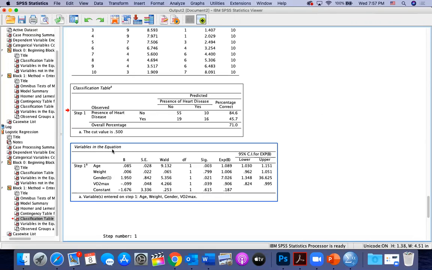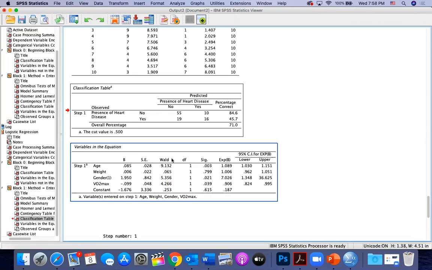Okay, so let's move to the variables in the equation table. What does this tell us? First of all, you want to look at the Wald statistic column, which is used to determine the statistical significance for each of the independent variables in our model.